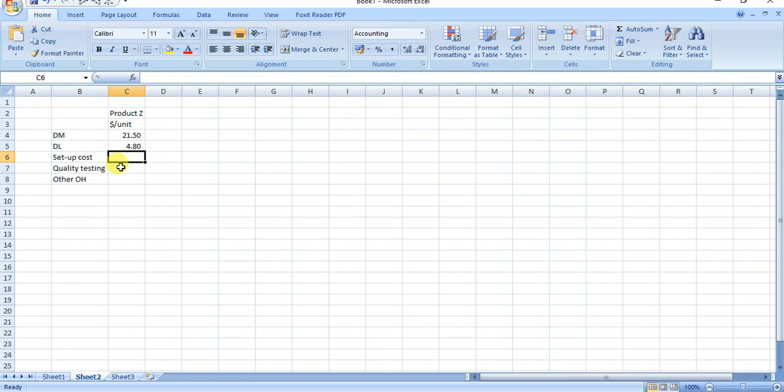Setup cost, quality testing cost, and other overheads, I have to do an activity-based costing analysis. All right, ABC. Setup cost, quality testing, other overheads.